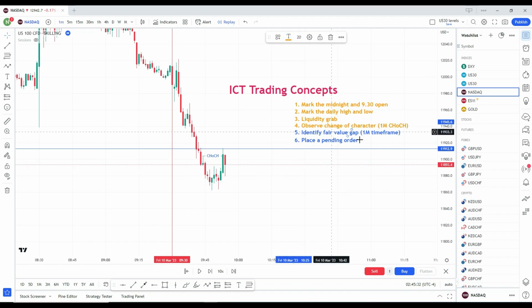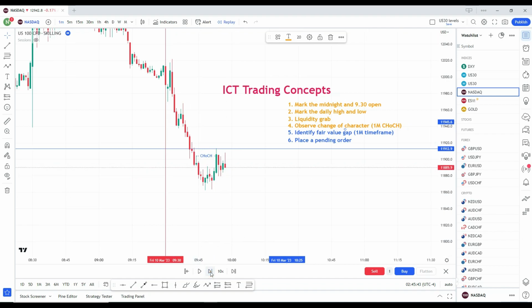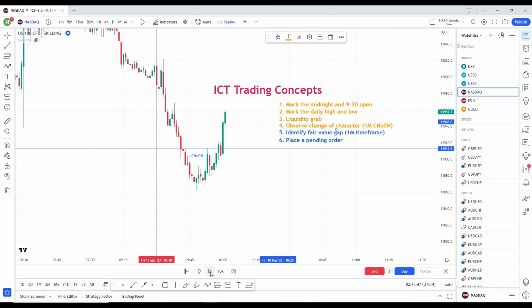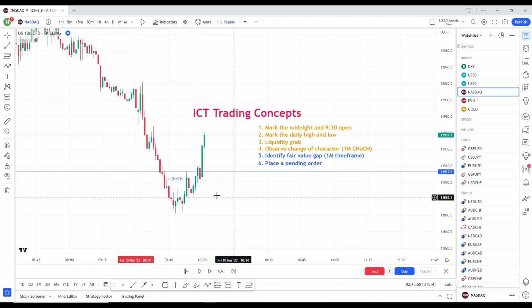We need to identify fair value gap. Unfortunately, we don't have one so far. Let's wait and see. Okay, now there is a fair value gap here.